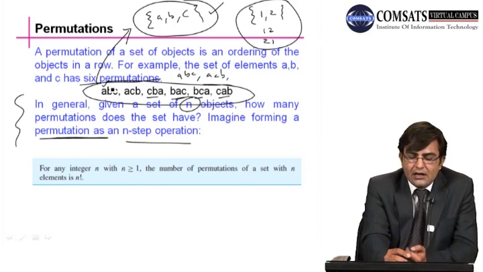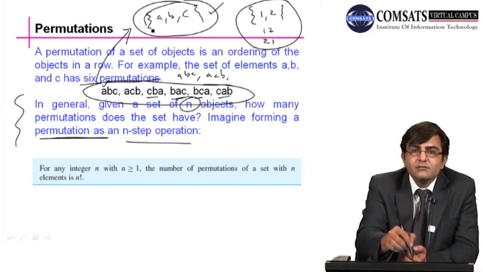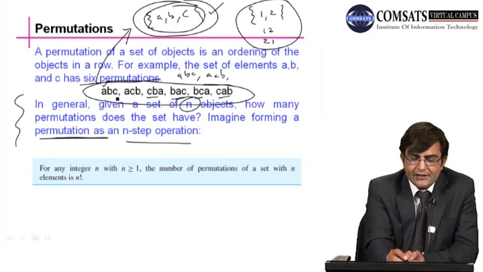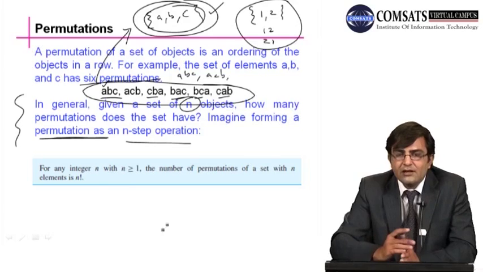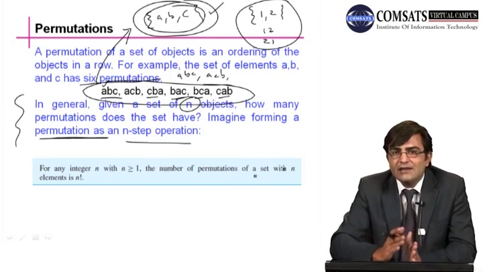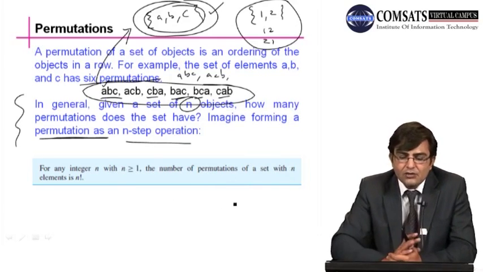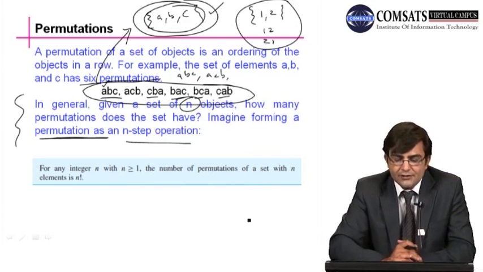For example, at first place, if you have chosen A, then we cannot write AAC. All the letters must be used in an arrangement or in an order. ABC. We cannot write ABB or AAC or ACC. So all the letters must be used in the permutations.